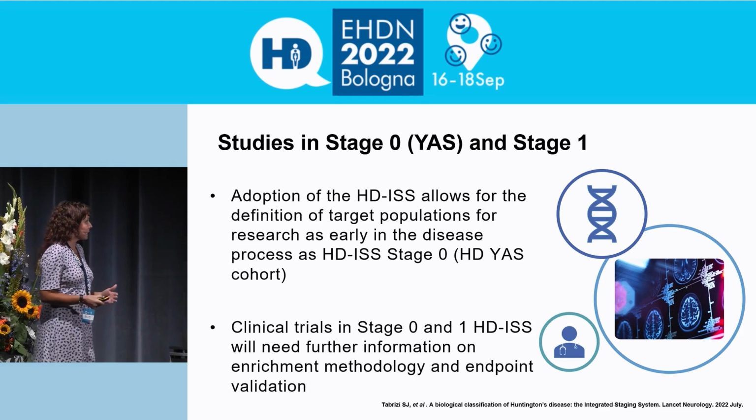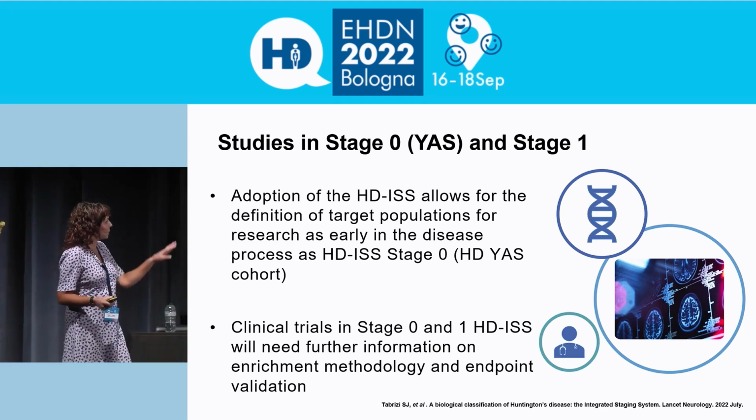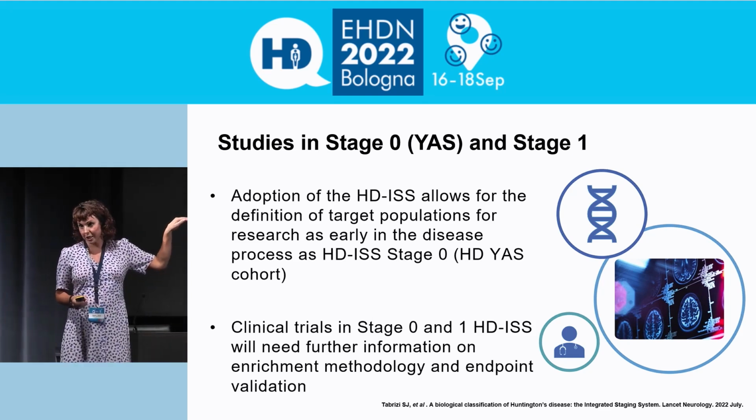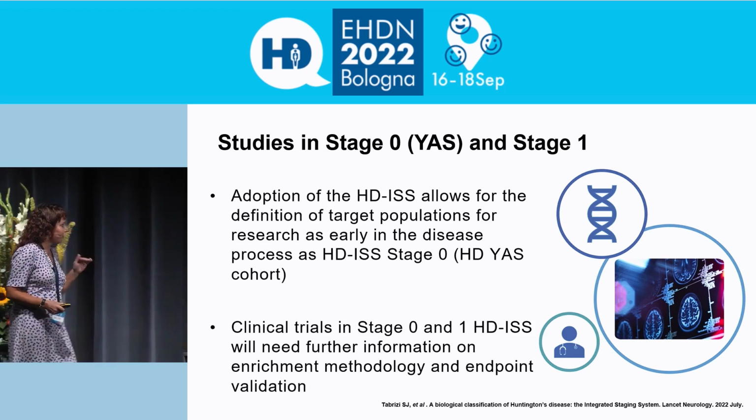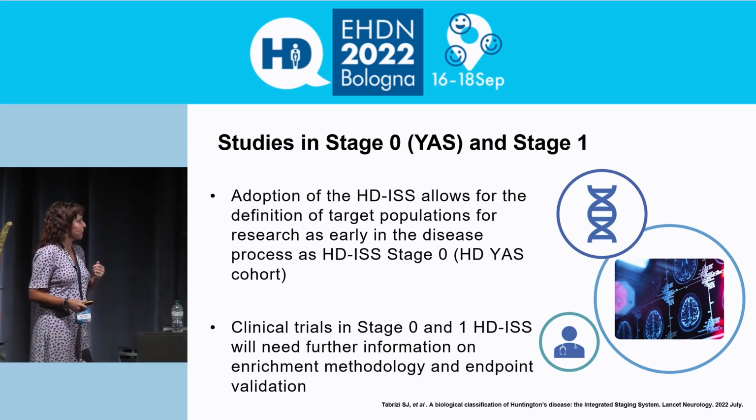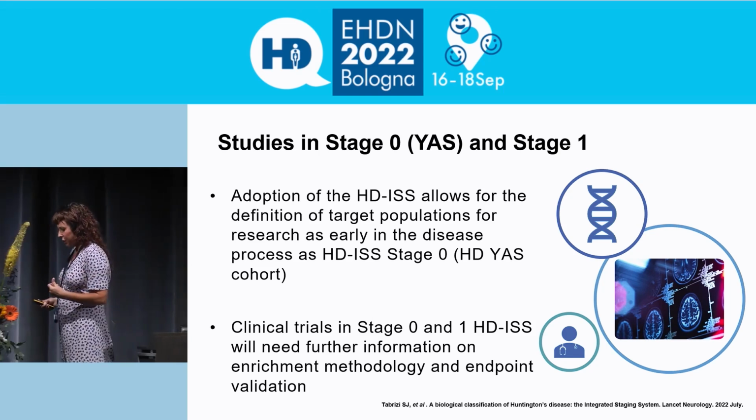Now, one of the things that we need to think about is that clinical trials in stage 0 and stage 1 will be prevention trials. And we need further information on how we do enrichment and endpoint validation.